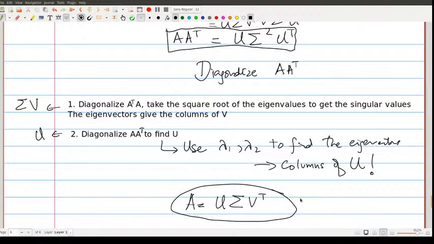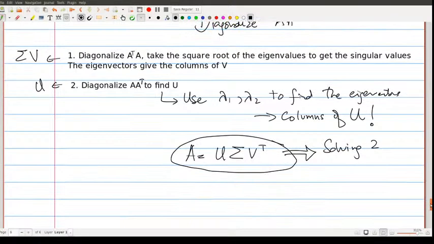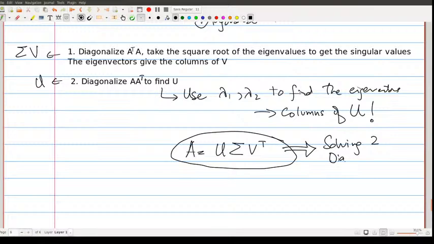So this basically boils down to solving two diagonalization problems, which are as follows.